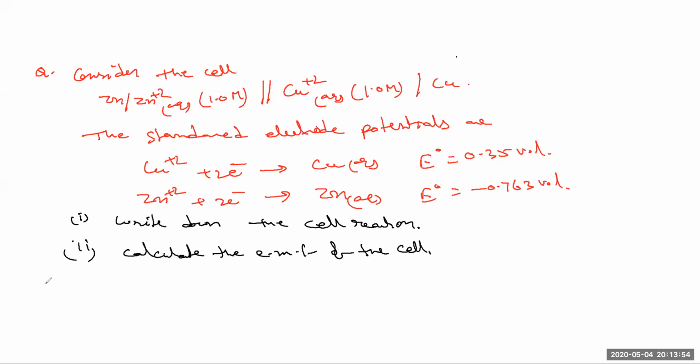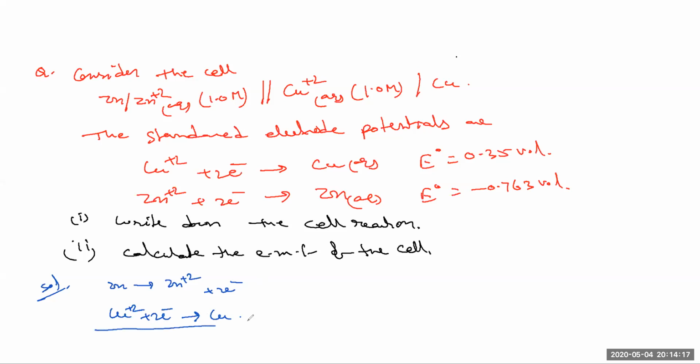Take the solution. So what is the oxidation half reaction? Zn gives rise to Zn plus 2 plus 2 electrons, it is oxidation, right? Copper undergoes reduction: Cu plus 2 plus 2 electrons gives rise to Cu. It is the oxidation half reaction and reduction half reaction.